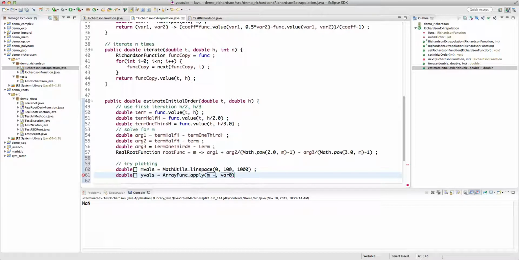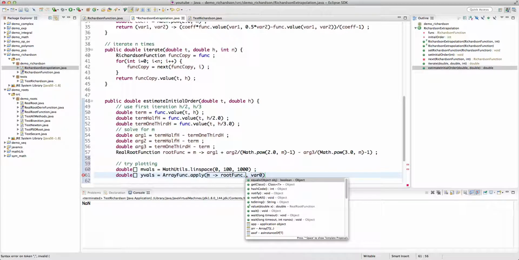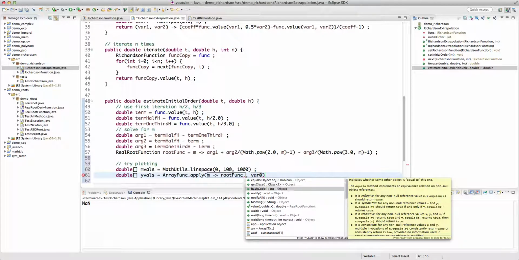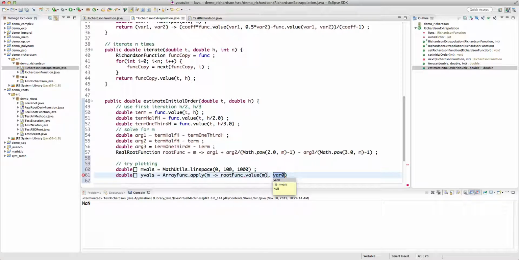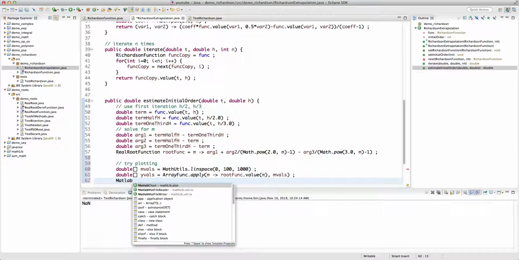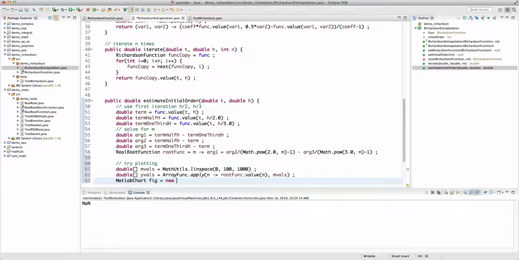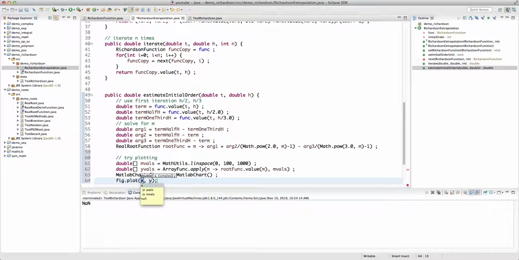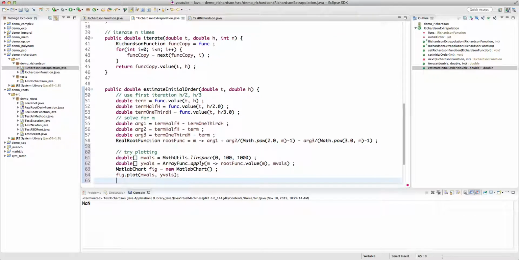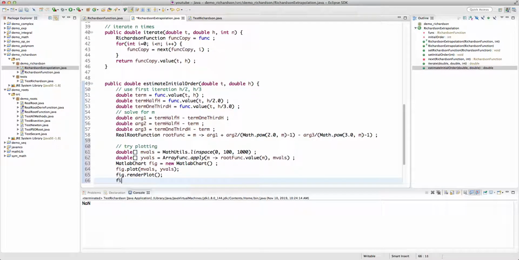Basically m goes to root func dot value at m, apply to mvals, and MATLAB chart, fig new MATLAB chart, fig.plot mvals and yvals, and fig.render plot, fig.show with a true flag.